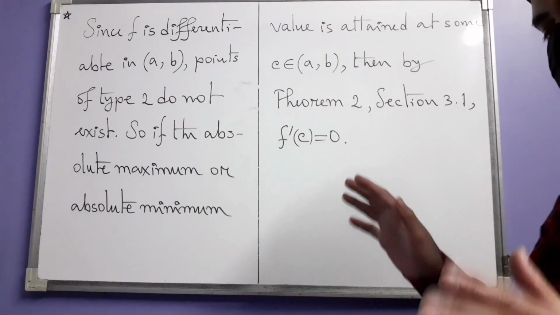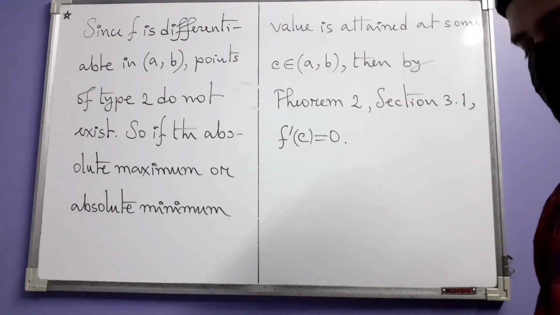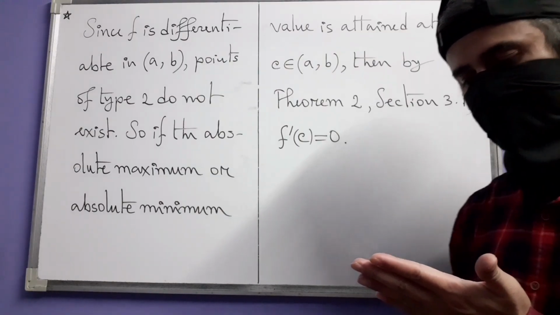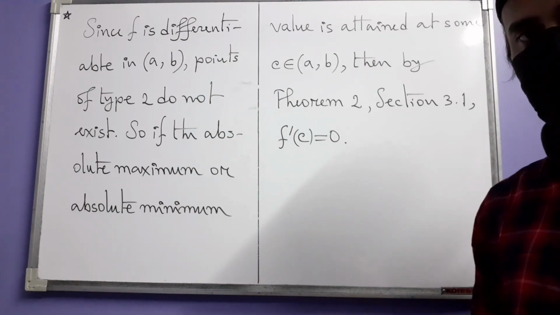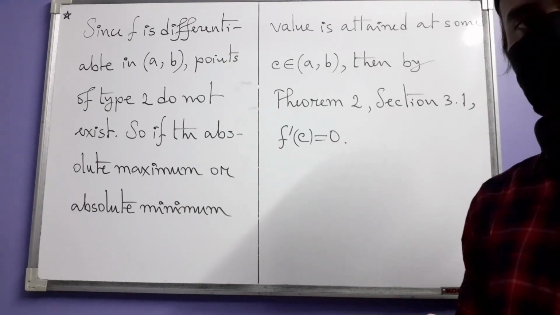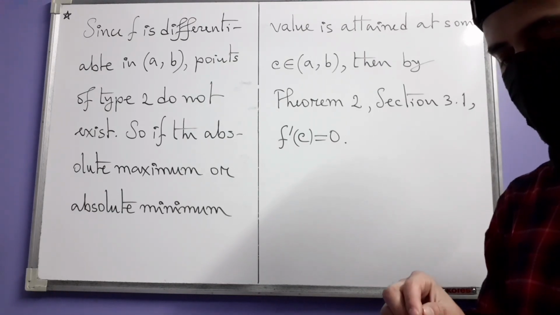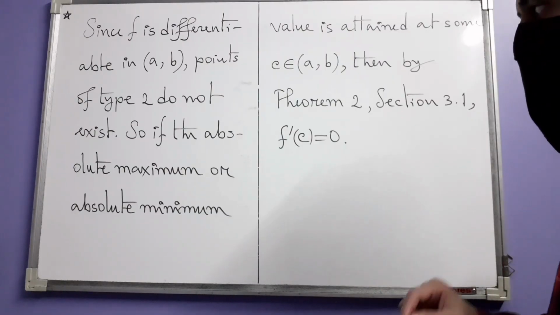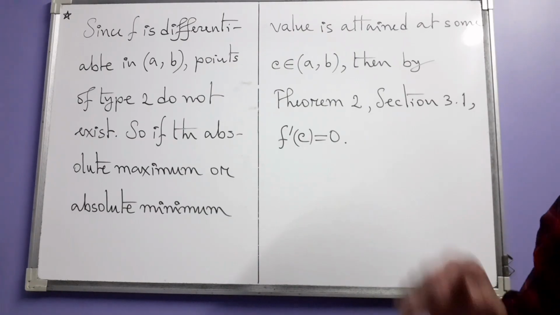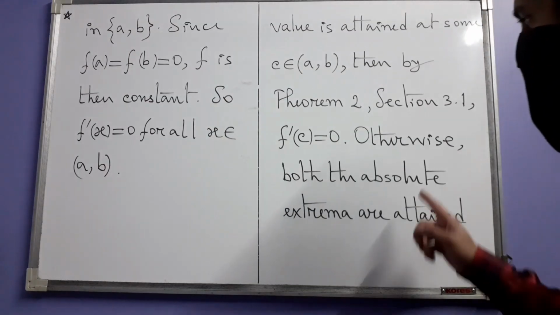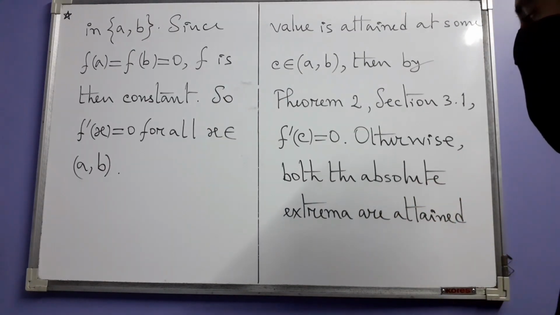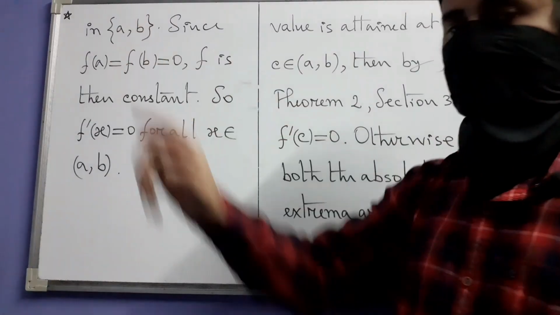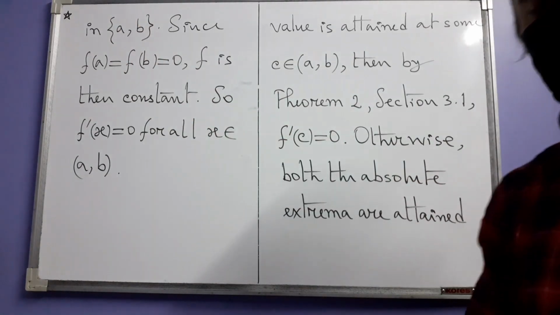You recall that if a function attains a local extreme value at an interior point of its domain where its derivative also exists, then the derivative has to be equal to 0. It's that thing. Otherwise, both the absolute extrema are attained in this set, that means at these points somewhere.